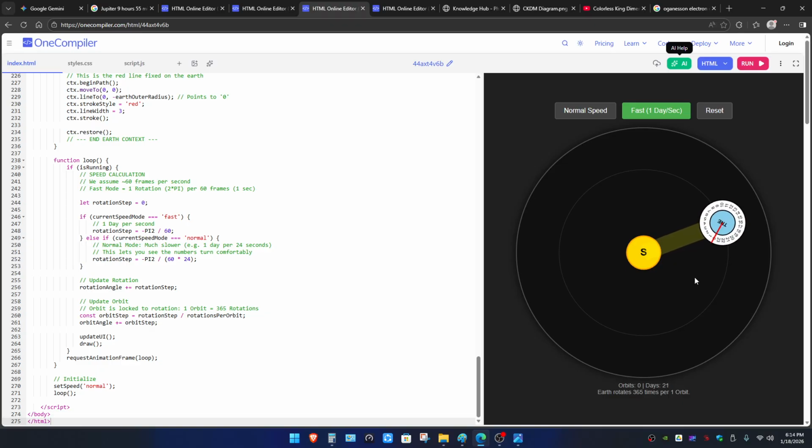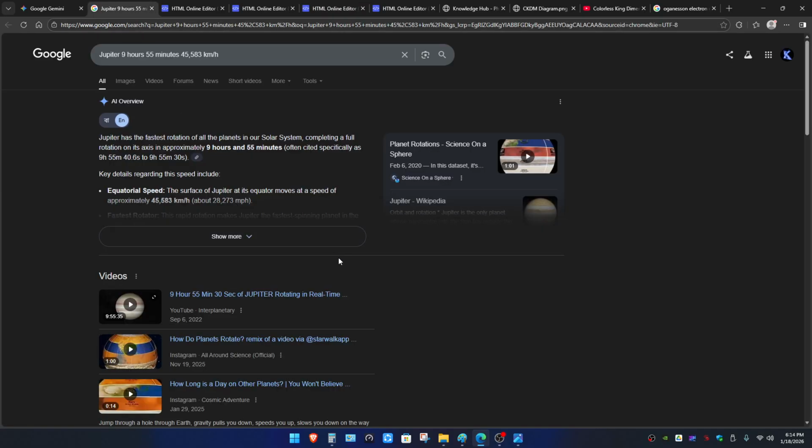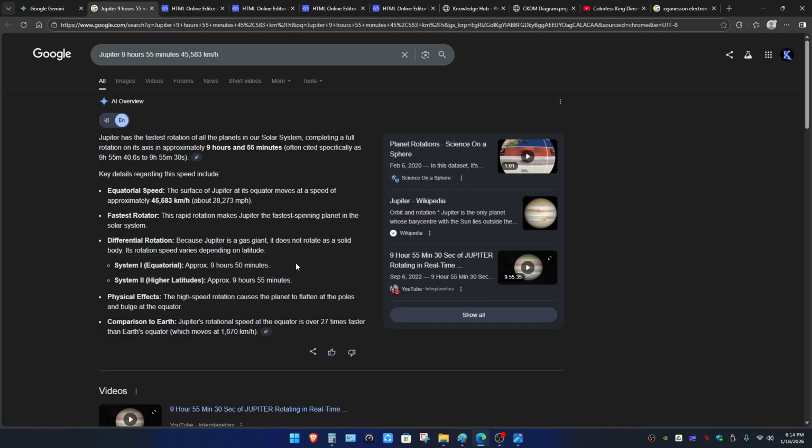As it moves, it is changing daytime, and it is making one full rotation every day while moving around the earth. If we compare to the time it takes to fully rotate around the earth, this actual chart is going to be different for how different planets have different rotation speeds.